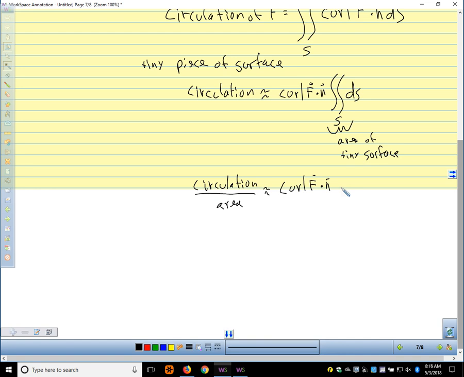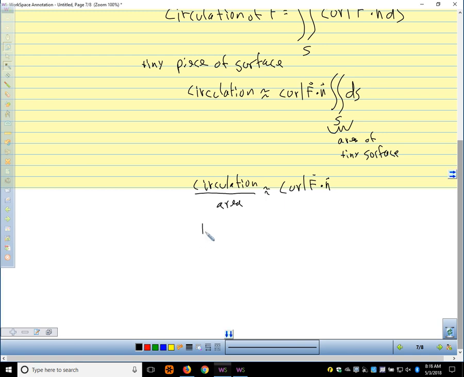As the area approaches 0, so we take the limit as area approaches 0, the curl of F dot n equals the circulation of F about n.